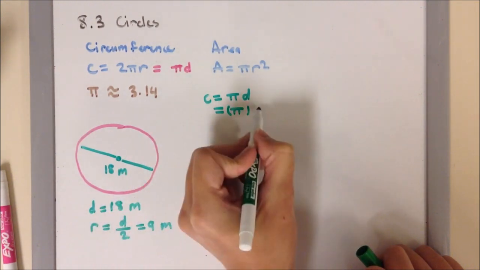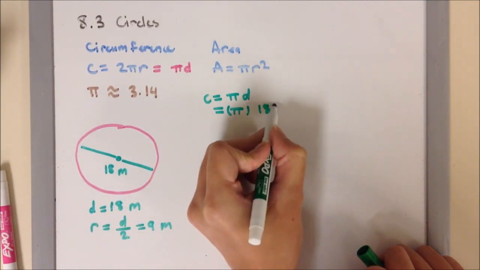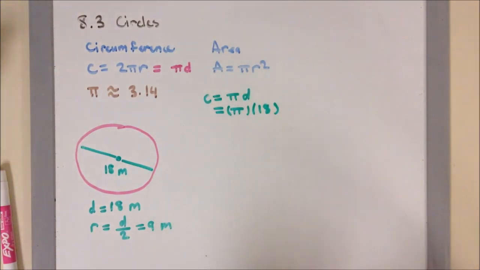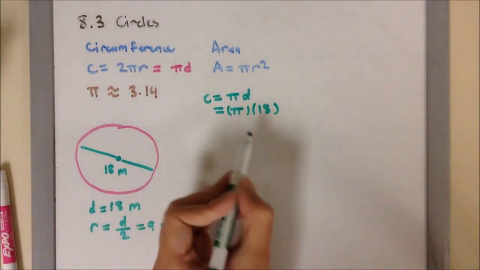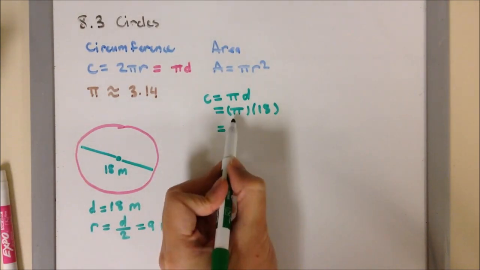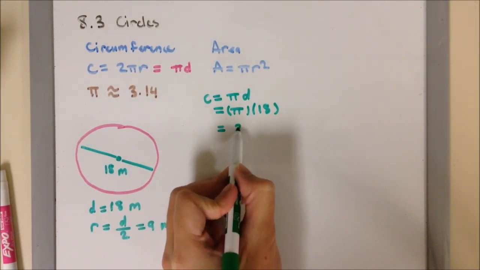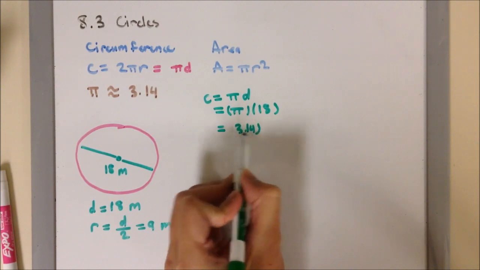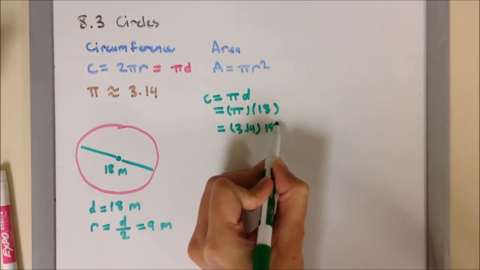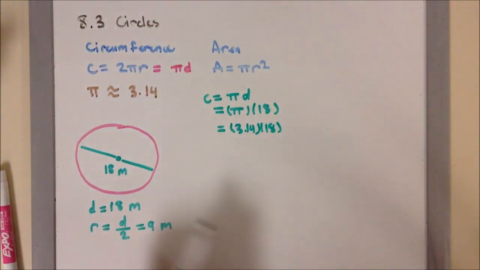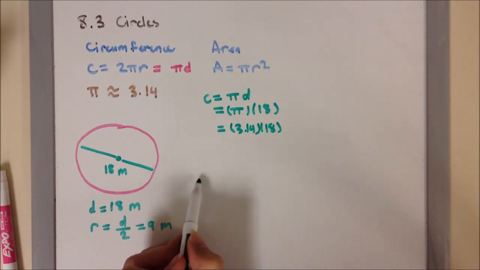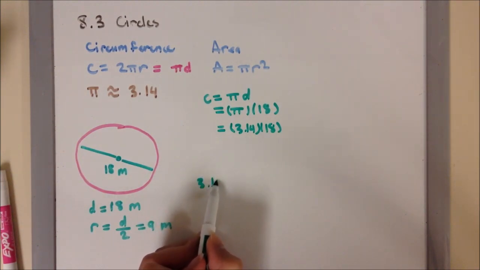Our diameter is 18 meters, but I'm going to worry about the numbers. Just make sure to include your proper units at the end. So I'm going to plug in for pi 3.14 times 18. So just like the last work, 3.14 times 18.